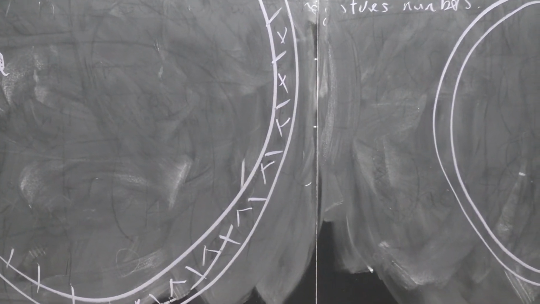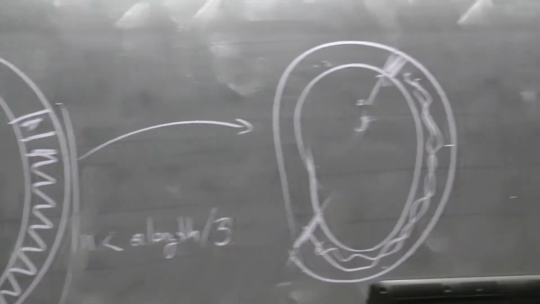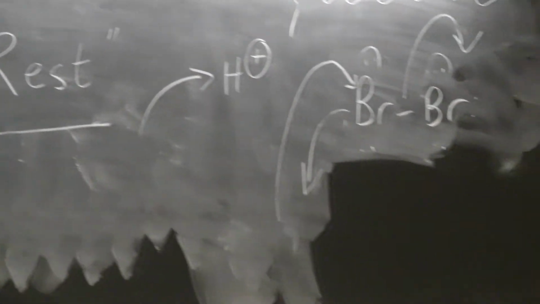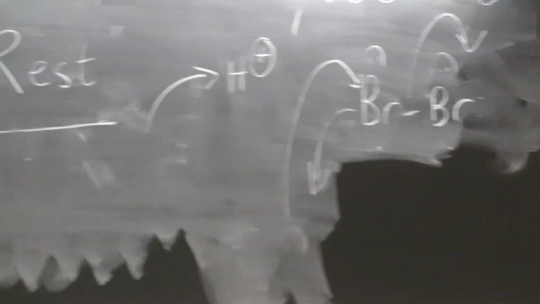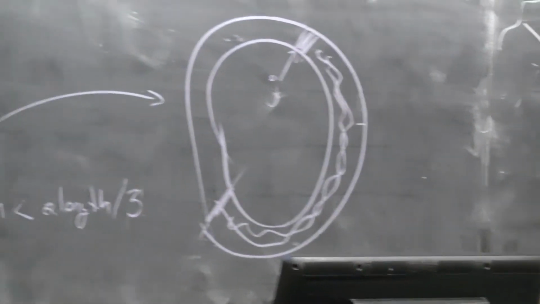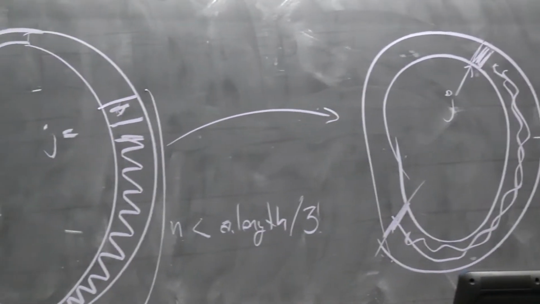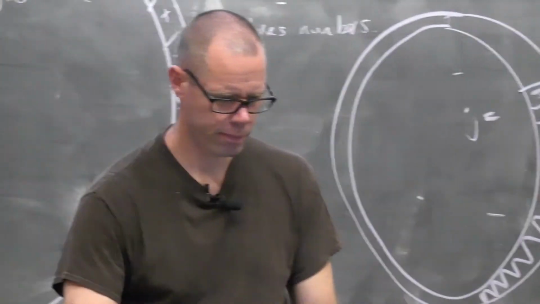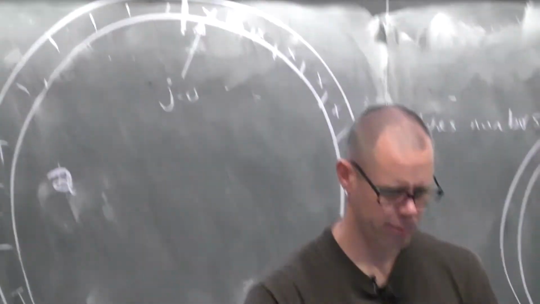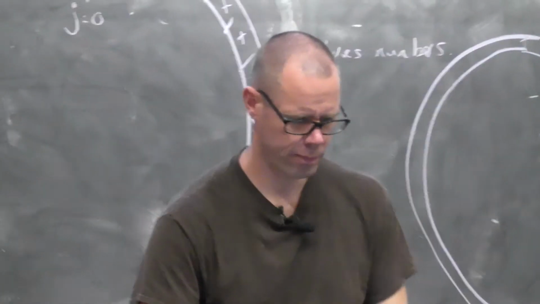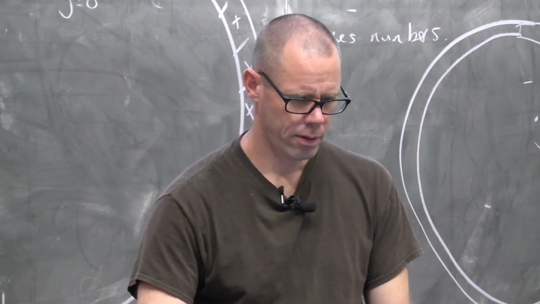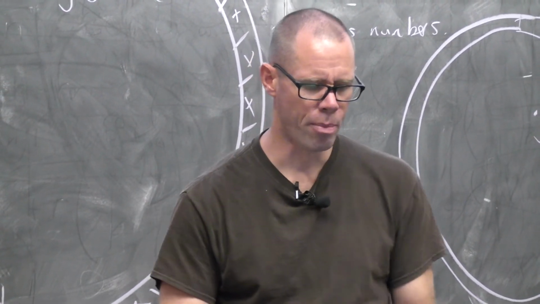Okay, so that all seems rather abstract, and these circles seem weird. So let's just take a quick look at the code here. So here's the add operation.